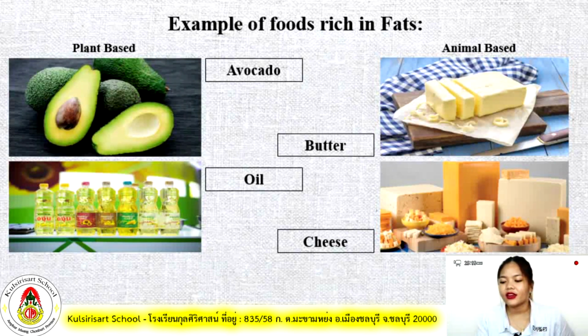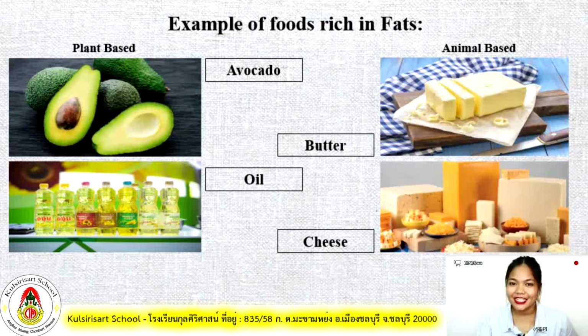Okay, on the other side, it says they're animal-based. We have an example, butter. Since butter is made out of cow's milk, which is an animal, butter is considered an animal-based fat. And we have the next example, which is cheese. Who loves cheese?